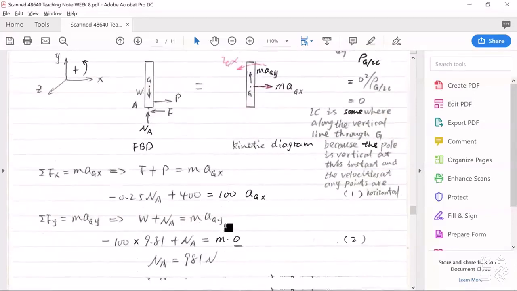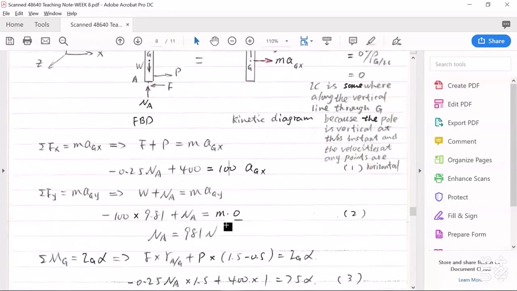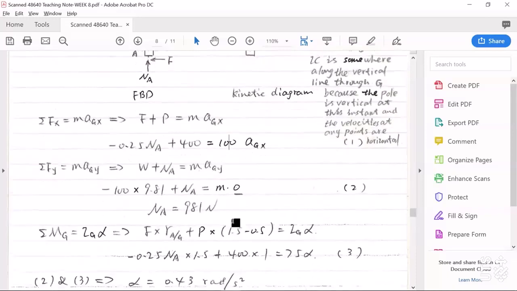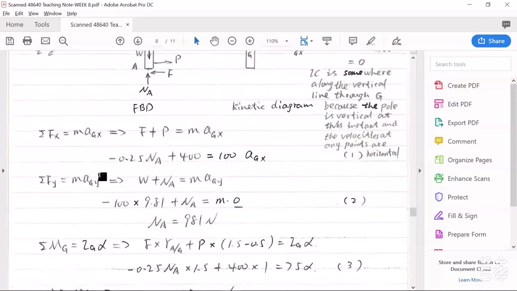Okay, we can still have the 3 equations. Along x direction, we express the kinetic friction force using reaction force NA, external force P, 400 Newton, 100 times AGX.